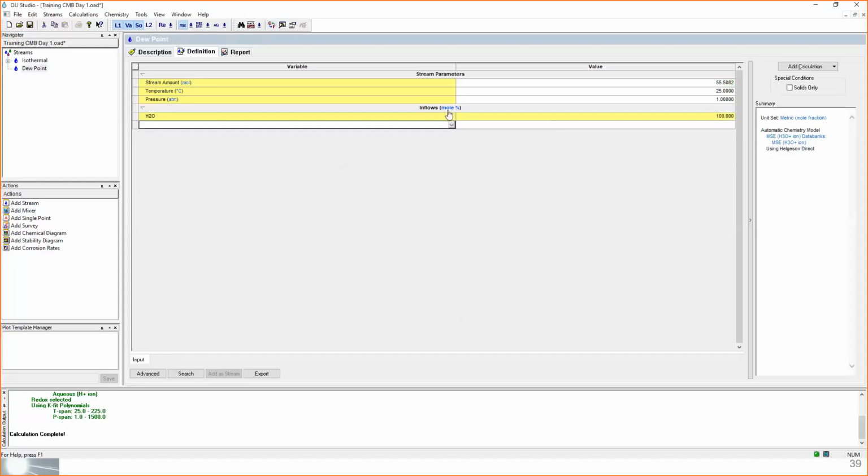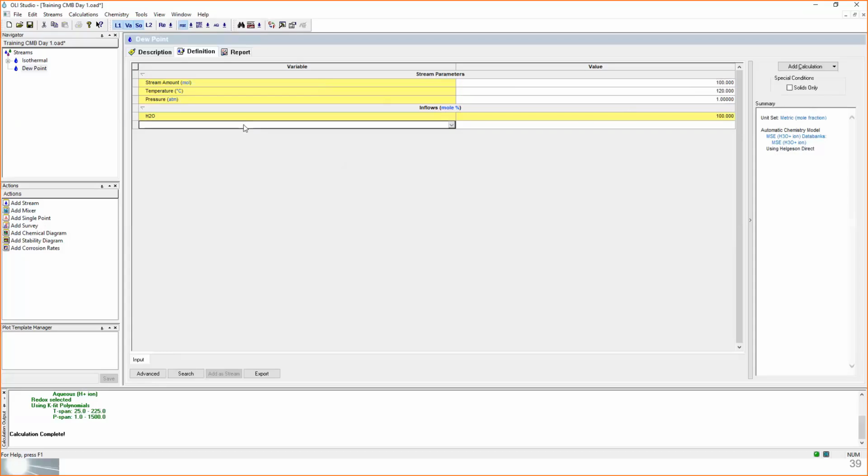Notice that now my inflows have changed to mole percent. Next we are going to define the stream parameters. Let's say you have 100 moles of the gas, so you overwrite that. Then we have 120 degrees C and 1 atmosphere of pressure. The next step is to add your chemistry.